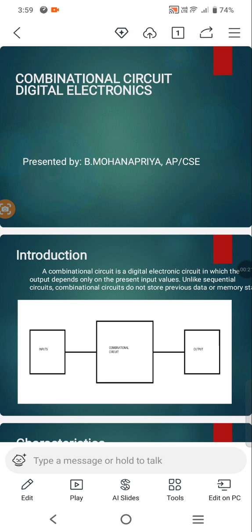Digital electronics has two kinds of circuits: one is the combinational circuit and the other is the sequential circuit. In this presentation I will explain the meaning, characteristics, types, applications and advantages of combinational circuits.